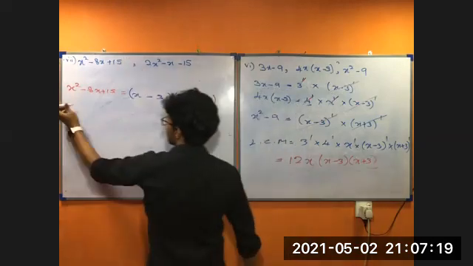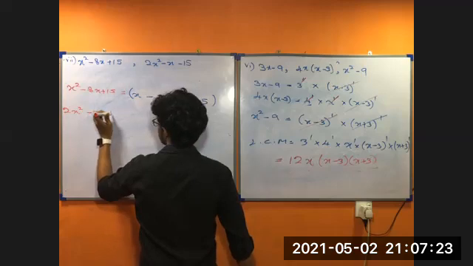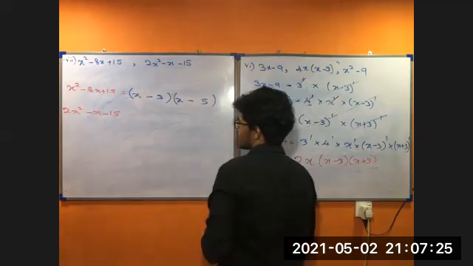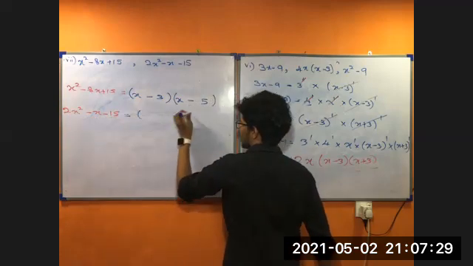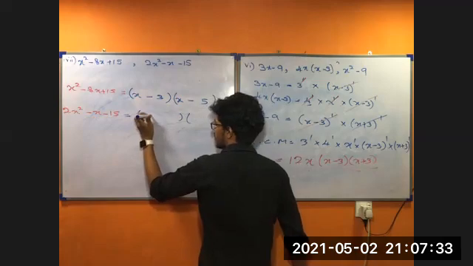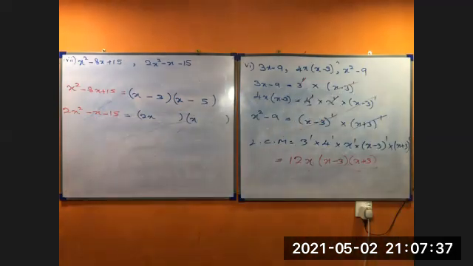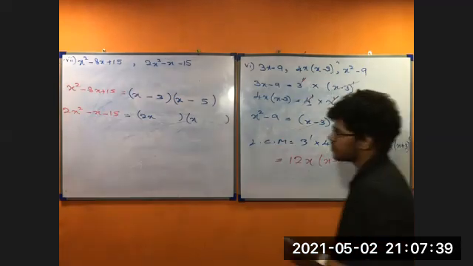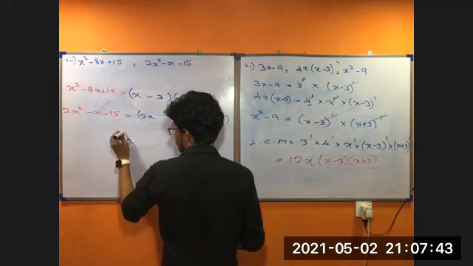For the second one, 2x squared minus x minus 15, let's try to write it for this one also. To make 2x squared, you have to multiply 2x by some number, right? Then you need 2 times 15, which is 30, and since it is -30, one of the numbers will be negative.